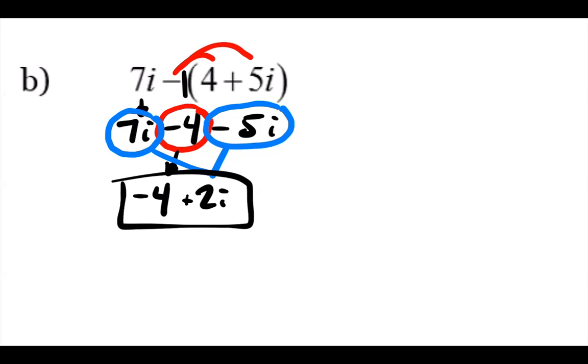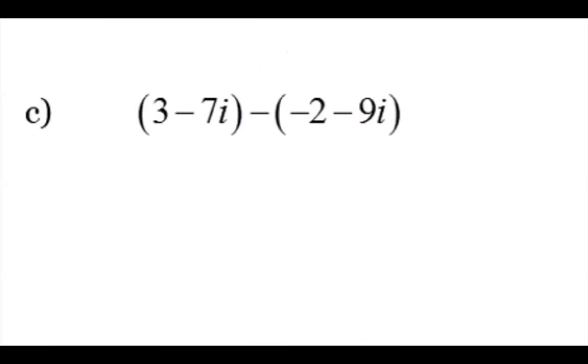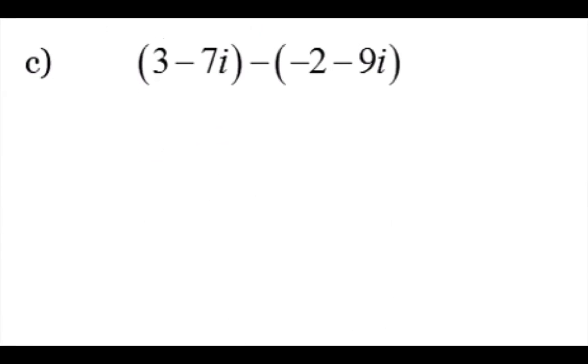Okay. All right, look at letter C. What do you think we're going to do for letter C? Distribute, right? The exact same thing we did for number 1. The only difference is the second one is a negative. You're going to distribute. The first one is not going to change what's in the parentheses.